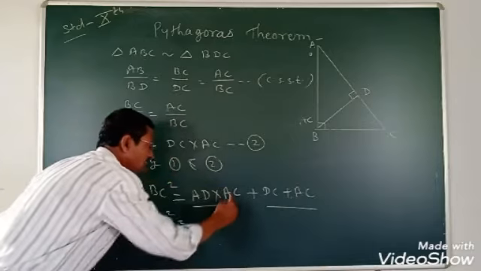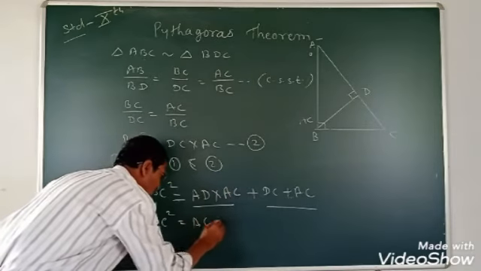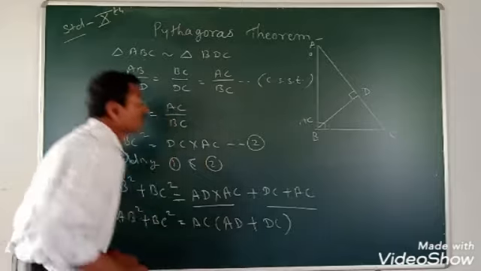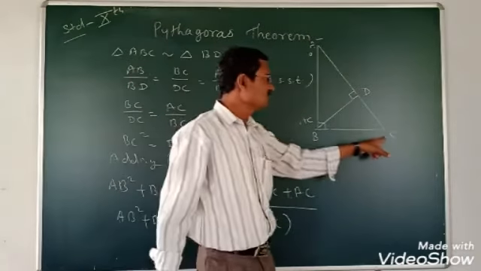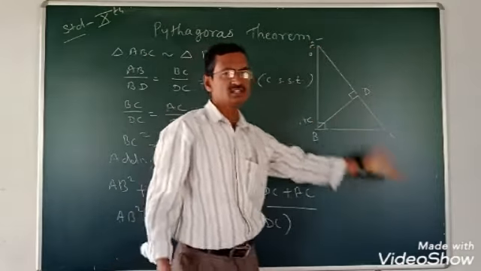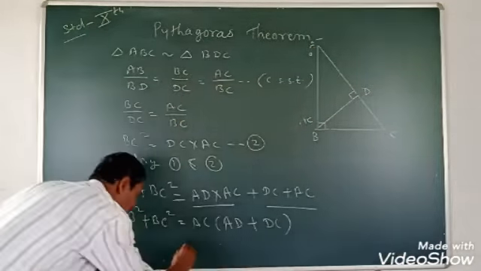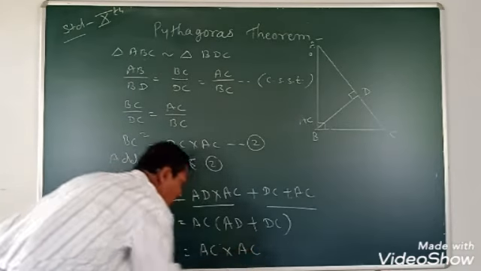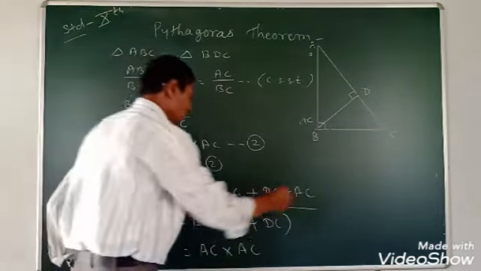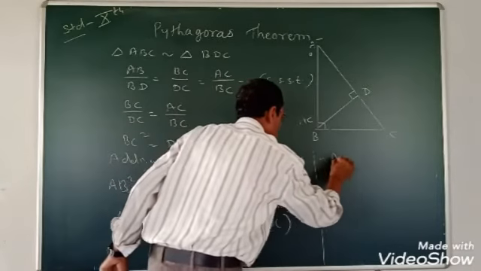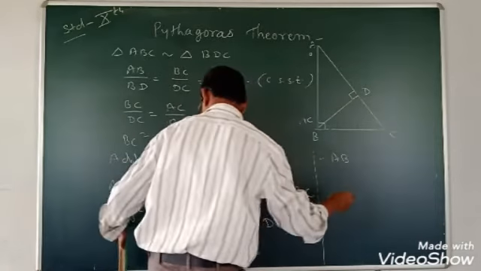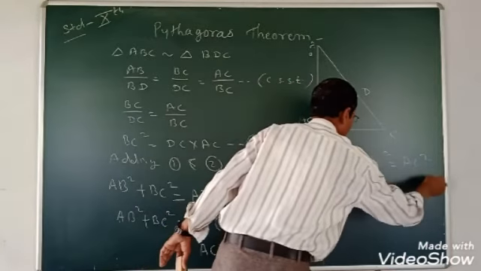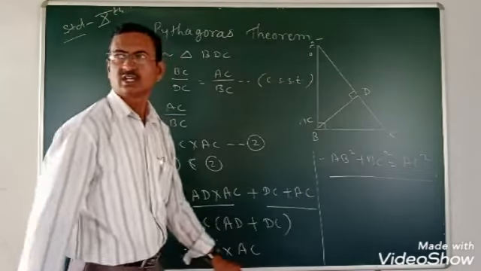Therefore take AC common: AC into bracket AD plus DC. What is meant by AD plus DC? AD plus DC is nothing but AC, so in place of AD plus DC write AC, and AC into AC is AC square. Therefore AB square plus BC square is equal to AC square, hence proved.